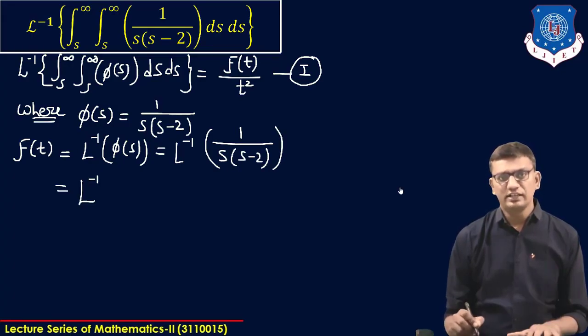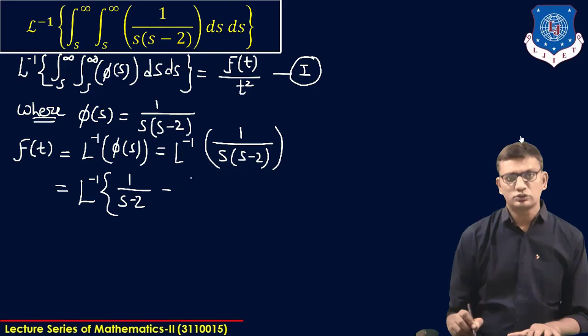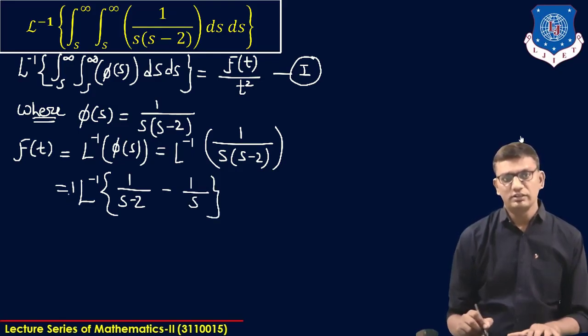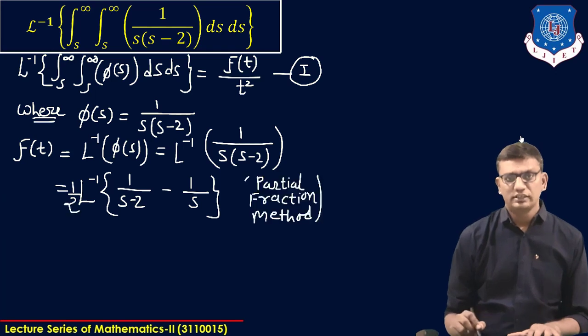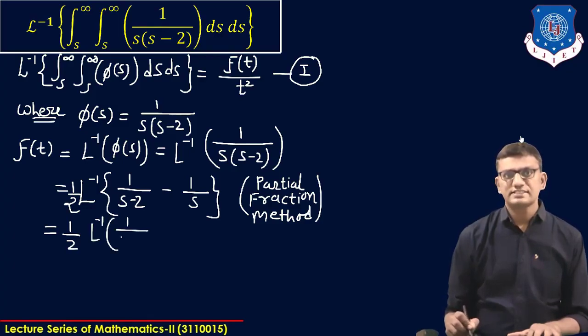And now we will find this L inverse by the partial fraction method. After simplifying, we have 1 by 2 come outside, and now we have 1 by 2 L inverse of 1 upon s minus 2 minus L inverse of 1 upon s.